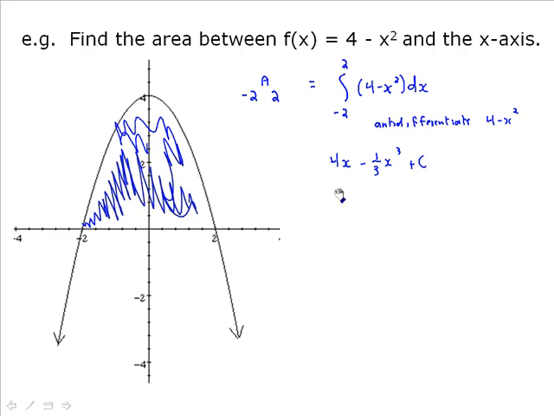Now the way that we write this is like this: 4x minus 1/3 x cubed plus c in big square brackets. There are a couple of ways, I'll show both, but right now this is the most common.